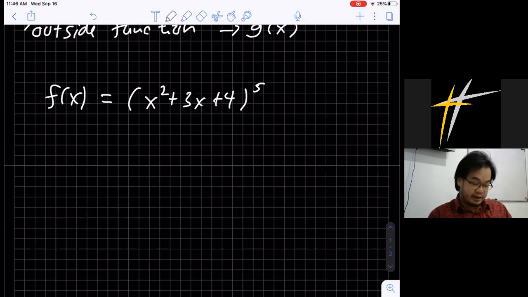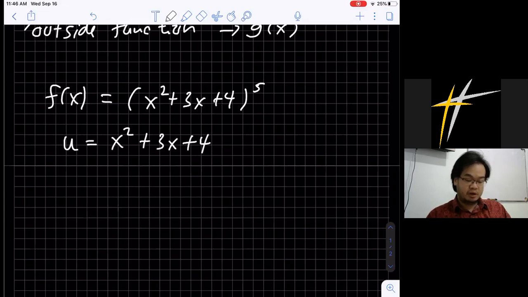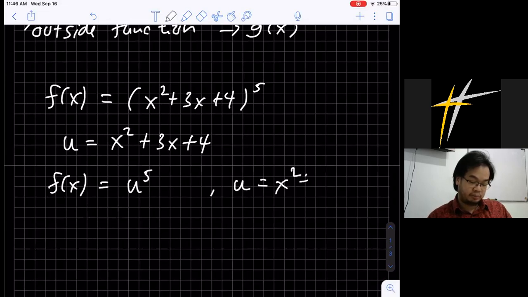Let's say that u = x² + 3x + 4. So we can say that f(x) = u⁵, and u = x² + 3x + 4.